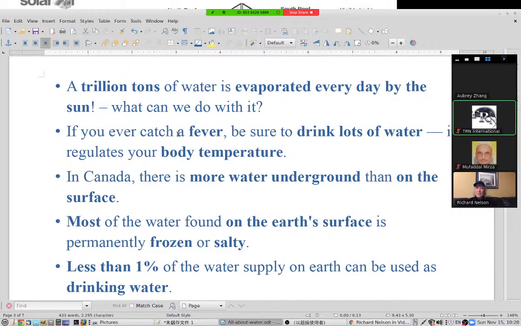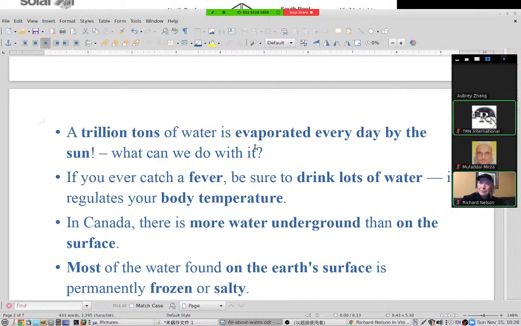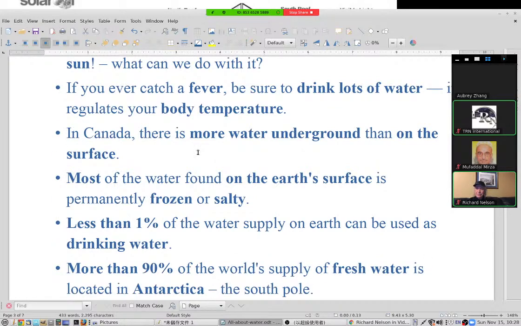And also, if you ever catch a fever, be sure to drink lots of water. We all know that, right? Because it regulates your body temperature. So that's why we need to use water to do a lot of things. Now I'm in Canada, so let's talk about facts about water in Canada.